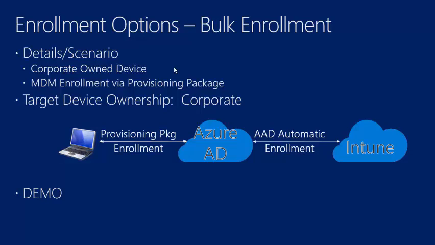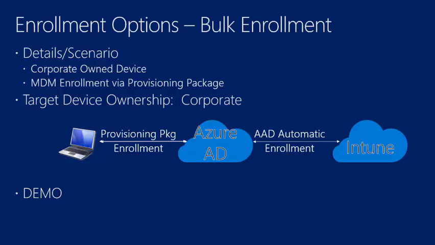When the provisioning package loads onto the device, it will enroll the device in Azure AD. That enrollment in Azure AD will also cause the device to be enrolled in Intune, right? And so the status of that will be a corporate-owned device. So another way to say it, whenever you use a provisioning package to bulk enroll a device, that will cause the device to show up as corporate-owned.